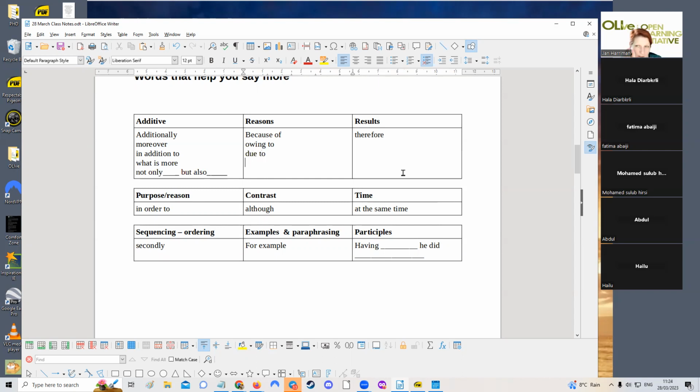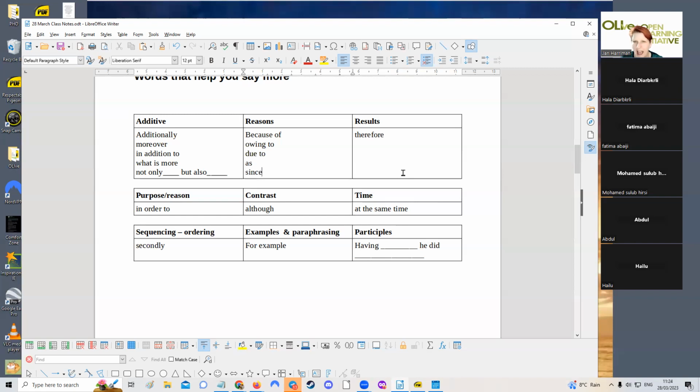There's a very, very short word. Sometimes we use knowing that. Since.